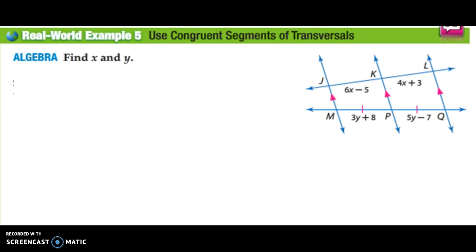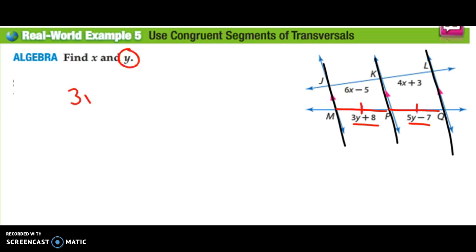Alright, so we know that we have 3 parallel lines. We know that MP and PQ are congruent to each other. Find x and y. Well, I know that this is equal to this, and so it's actually easier to find y first. 3y plus 8 has to be equal to 5y minus 7.